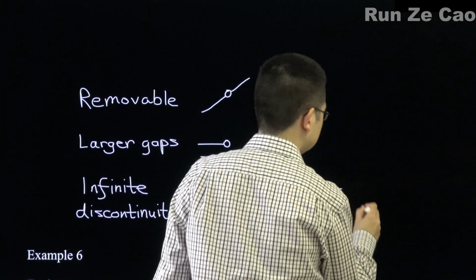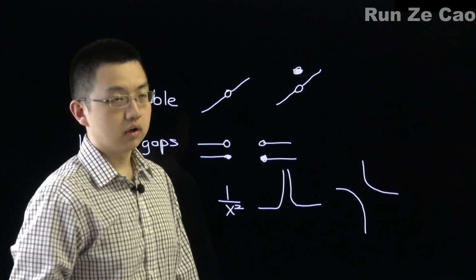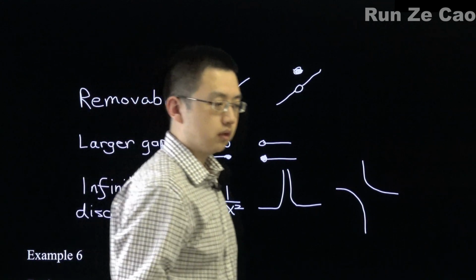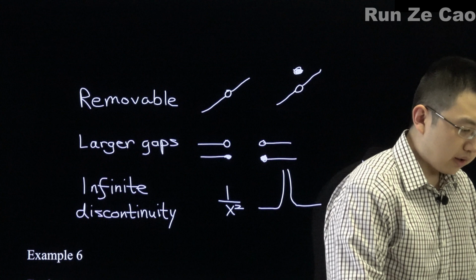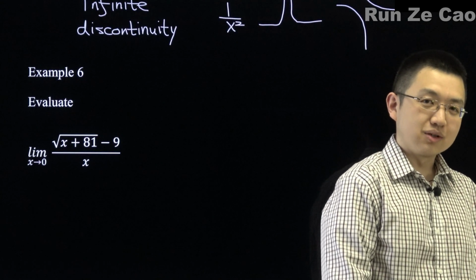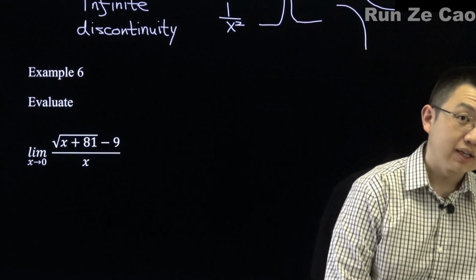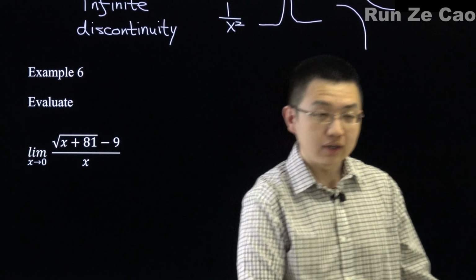Or something like that. Or tan of x. Try plotting tan of x. You'll notice that it has infinite discontinuities. And I don't mean an infinitely large number of them. I mean the type of discontinuity.